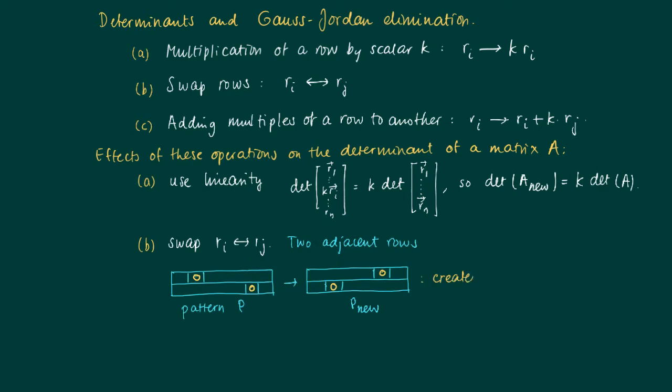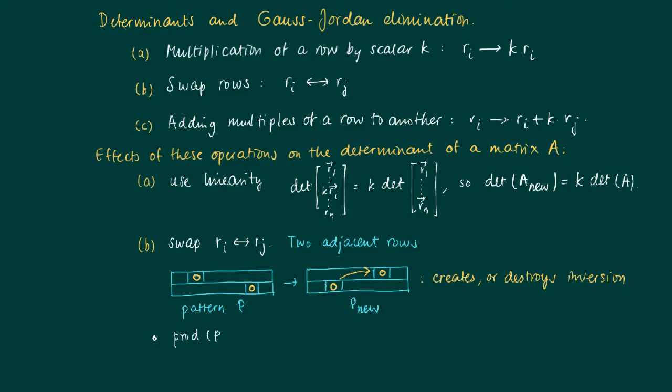On the left hand side we don't have an inversion, on the right hand side we have an inversion. Another way, if we would start off with an inversion, then we dissolve the inversion, so it creates or destroys an inversion. So swapping rows, we create a new pattern and we create or destroy an inversion.